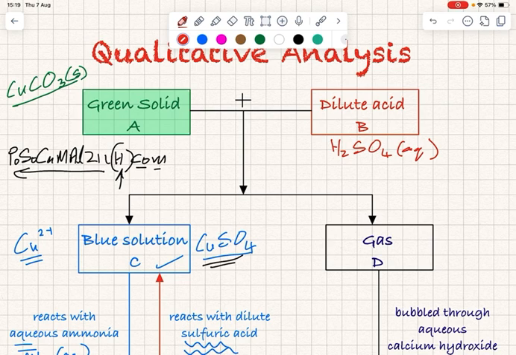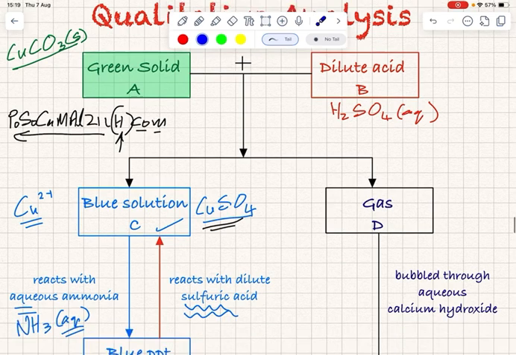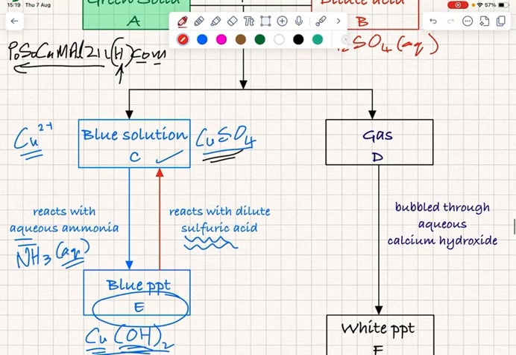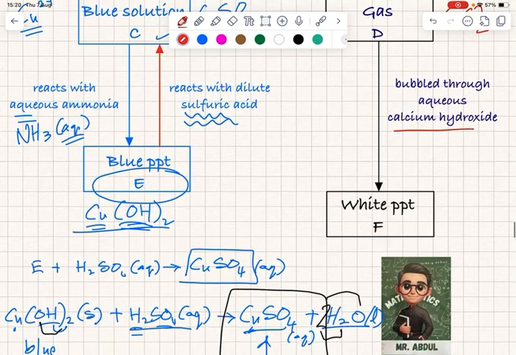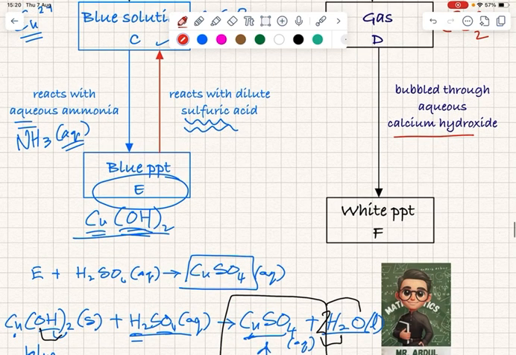So since we have concluded that the blue solution C is copper sulfate and the sulfate ions must be from the acid B, right? Given that gas D, we have concluded that it will be carbon dioxide, right? Bubble through your lime water here, right? Your PPT must be your calcium carbonate, right?